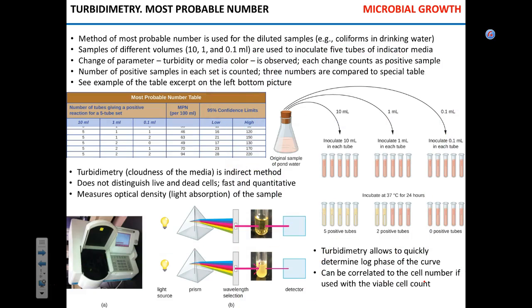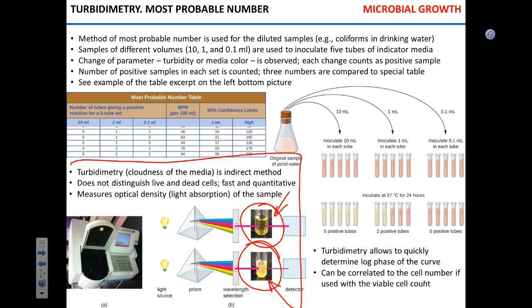Now, 2 last methods, turbidimetry and the most probable number. If you don't mind, I'm going to start with the simpler one, the turbidimetry, and then we move on to the most probable numbers. So turbidimetry is illustrated in the left bottom corner of the slide. Samples. You see the upper sample is transparent.